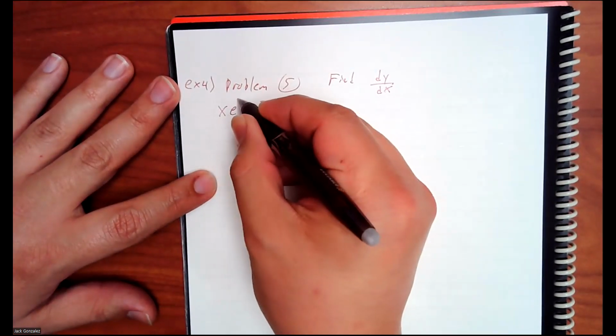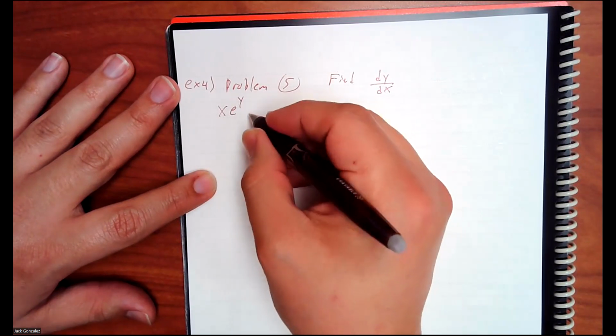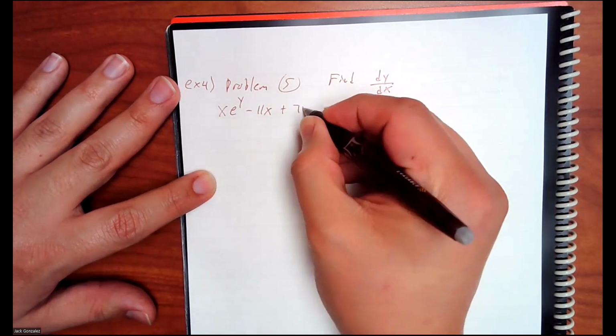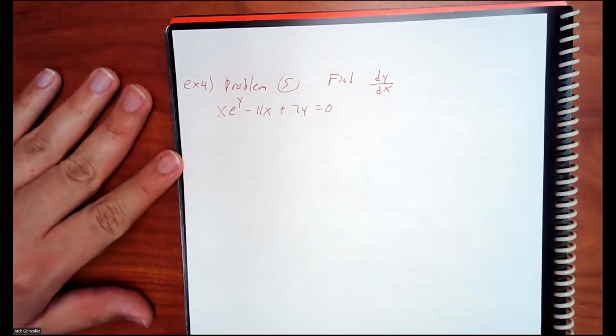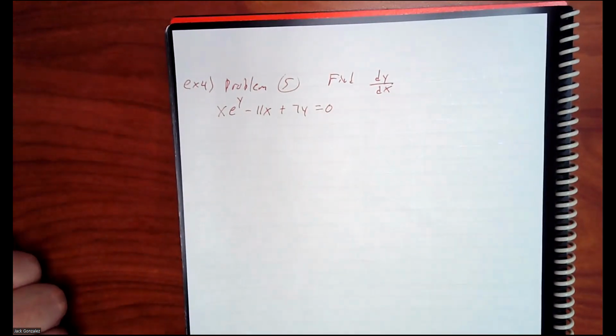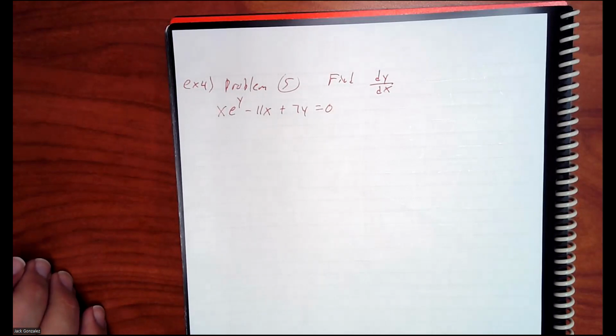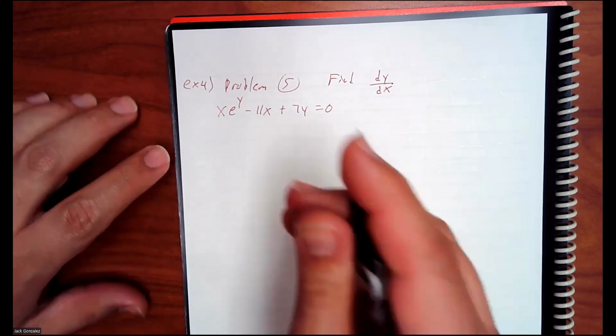So x e to the y minus 11x plus 7y equals 0. Okay.